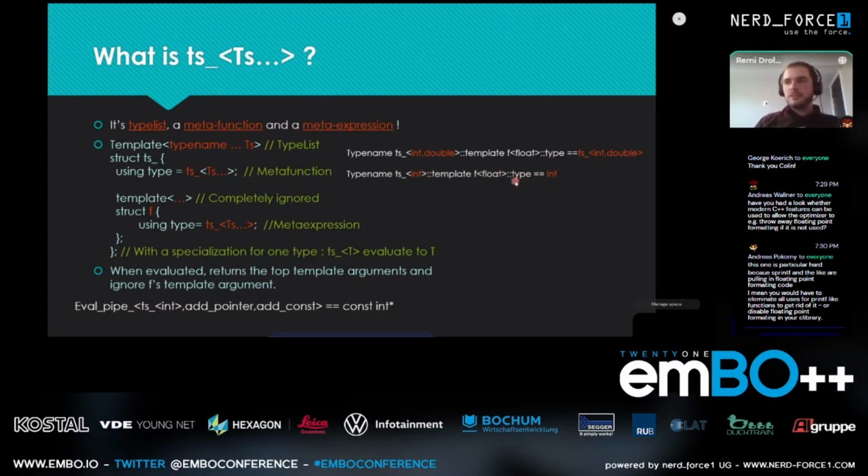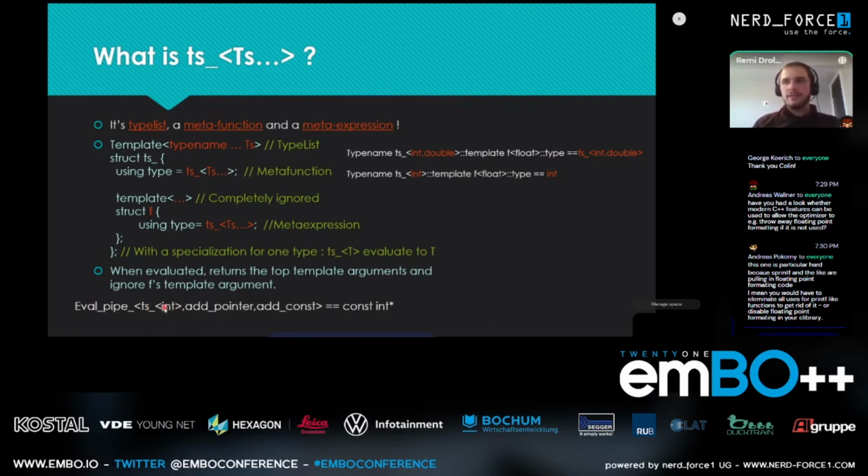And the reason there's a specialization for only one type is that, as a result of something, I cannot have multiple types, and I can only have one. And if it's wrapped inside a TS, I can use it somewhere else. So yeah, that's basically it. So when I say eval pipe and TS, it basically says ignore whatever you receive and continue with int.